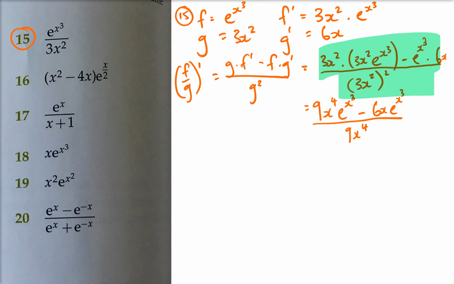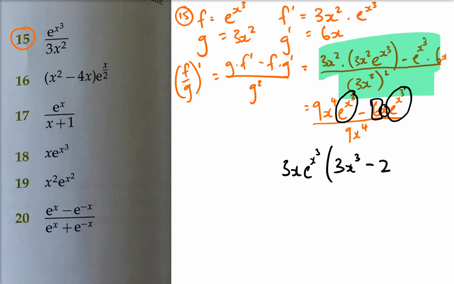I've got a common factor on the top line of e to the x cubed, so I'll take that out the front. I've also got a common factor of x, and a common factor of 3, so I'll take those out the front, which leaves me with 3 times 3 is 9, x times x cubed is x to the power of 4, 3 times 2 is 6, and then x to the power of 4, so there's my answer.